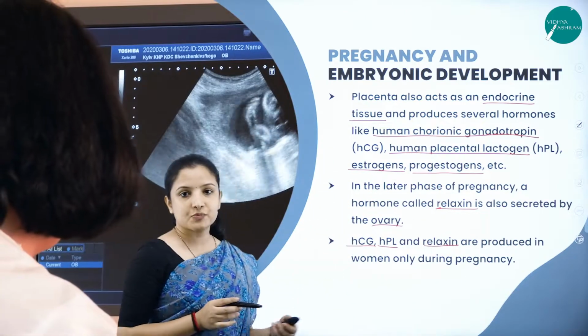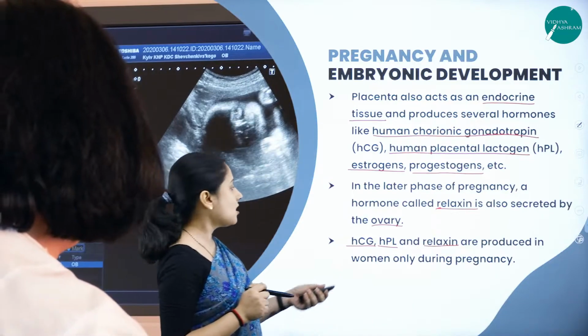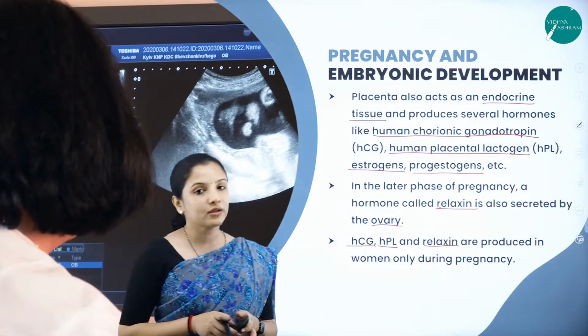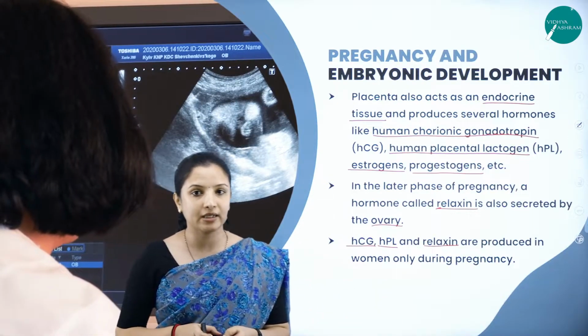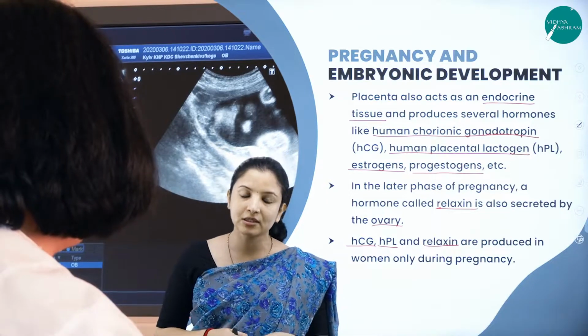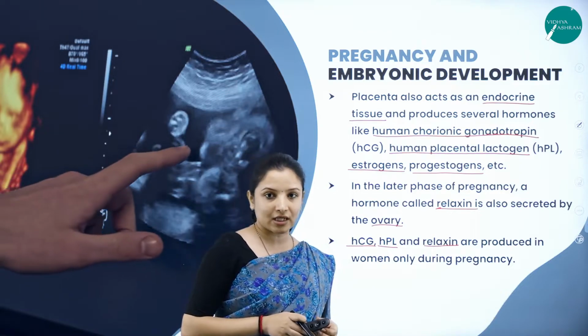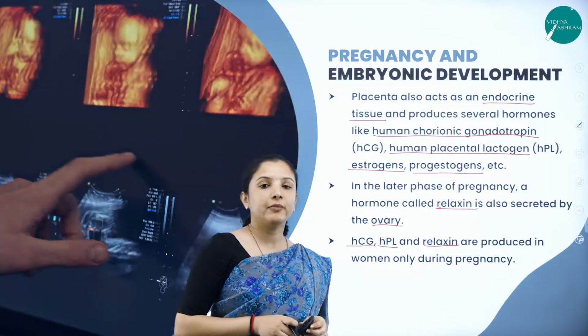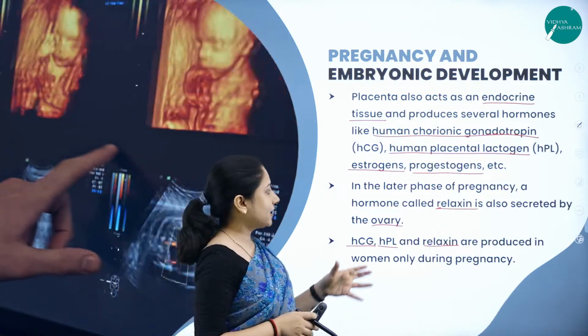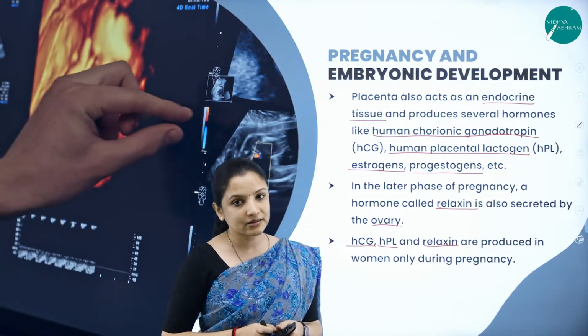All these are produced only when the woman is pregnant, that is during the 9 months. After childbirth, all these hormones will not get secreted. So that is why the development of the placenta as well as the secretion of relaxin from the ovary is very important.